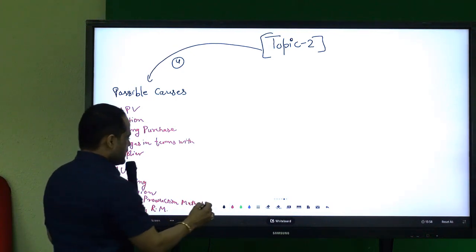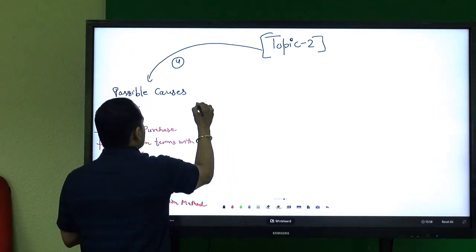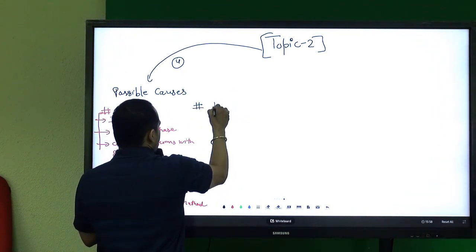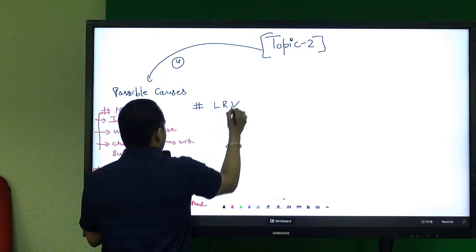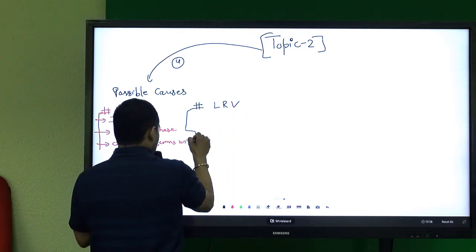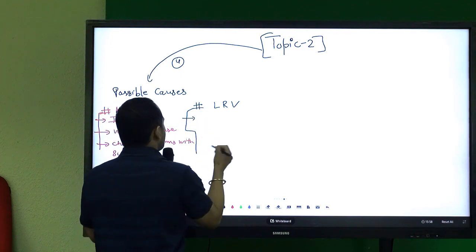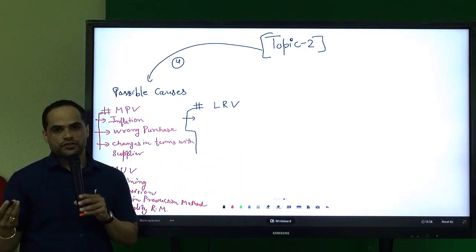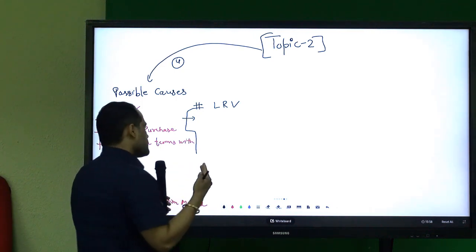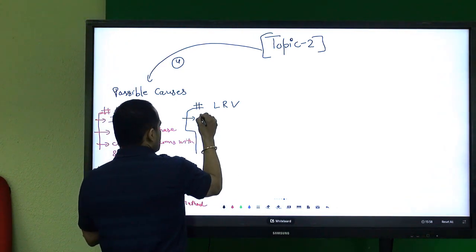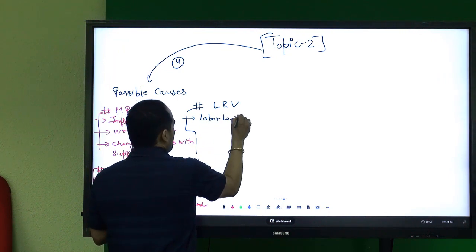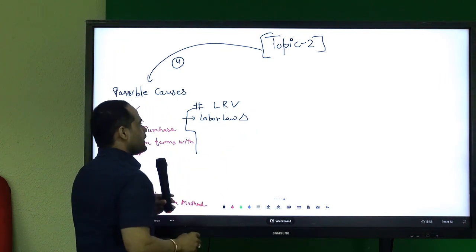Now we move on to labor variance, which is labor rate variance. Again, what are the reasons that we are paying more to the workers? The first reason is changes in a country's labor law.